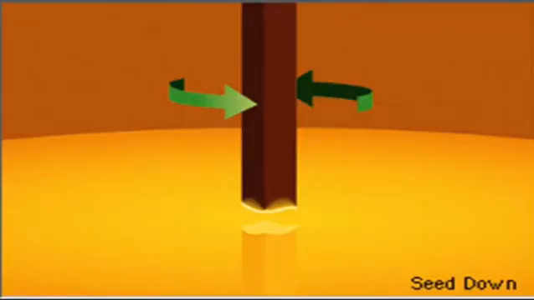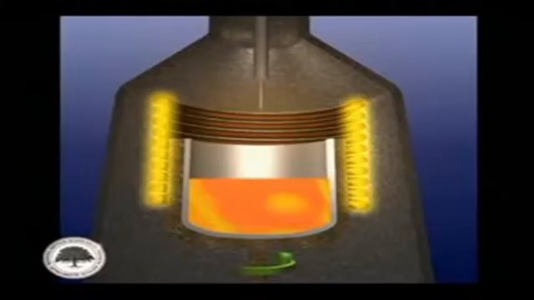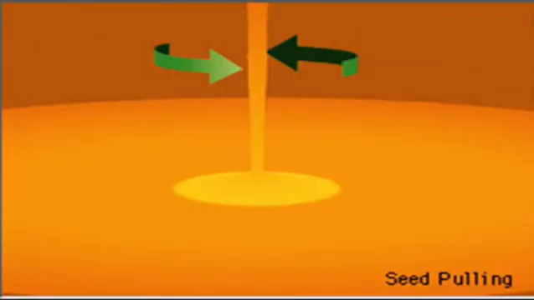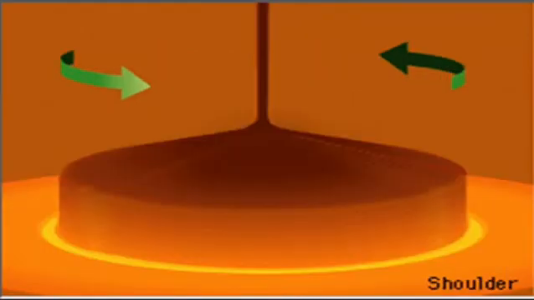A seed crystal is lowered to touch the molten charge and act as the base of the crystal growth. When the temperature of the seed is maintained very low compared to the temperature of the melt by a suitable water cooling arrangement, the molten charge in contact with the seed will solidify on the seed.